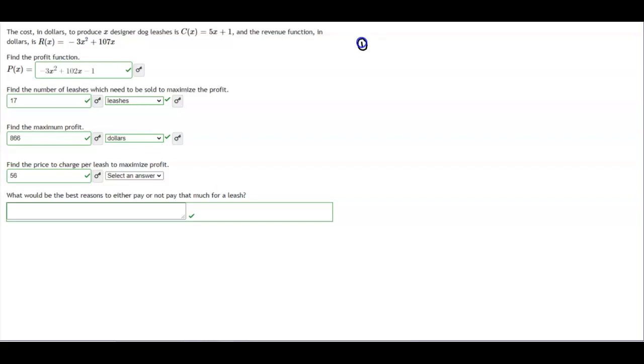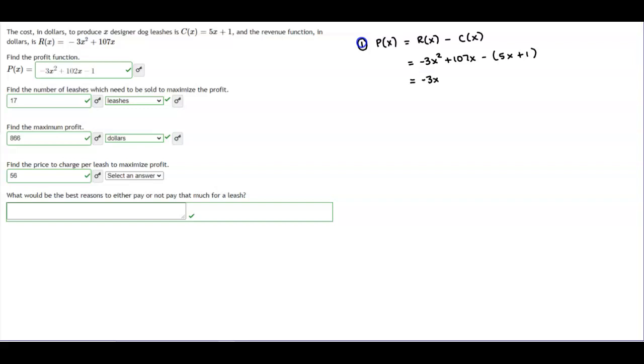So in step 1, if we want to find the profit function, we know that's going to equal the revenue function minus the cost function. So let's go ahead and find that. We're going to take the revenue function, which is negative 3x squared plus 107x, and then we're going to subtract 5x plus 1, which is the cost function.